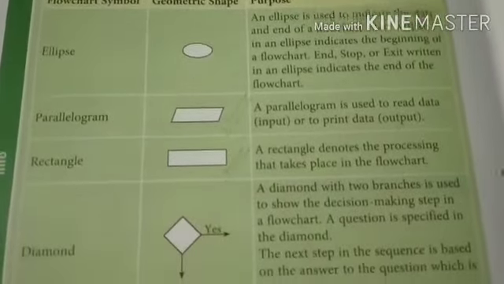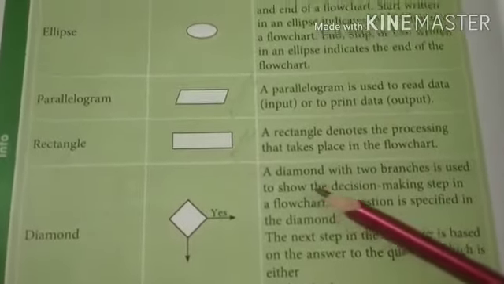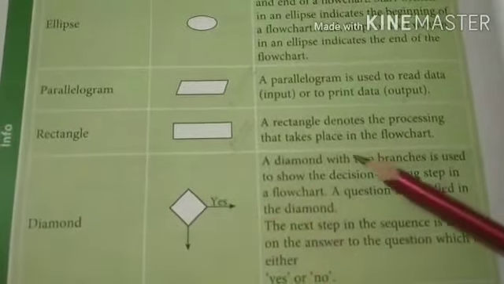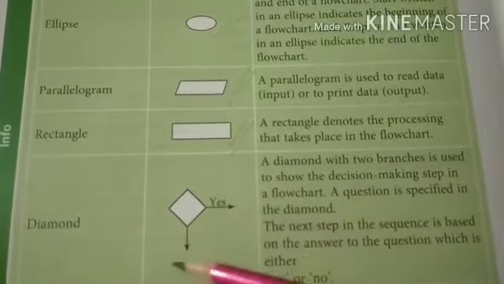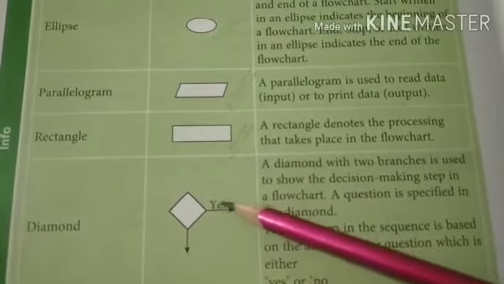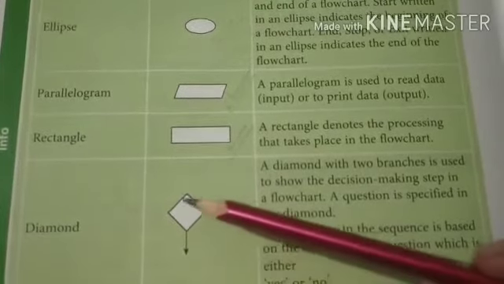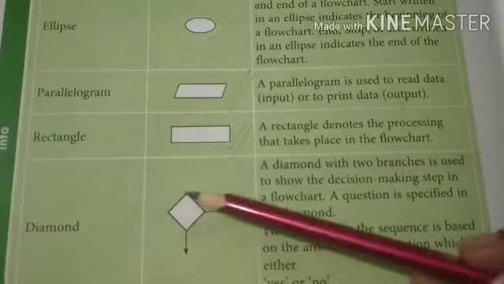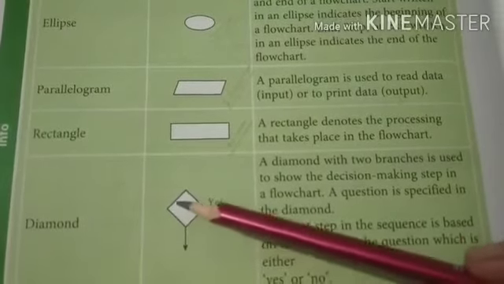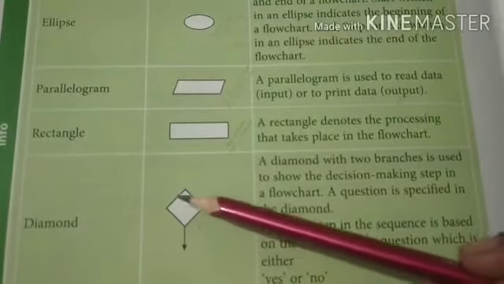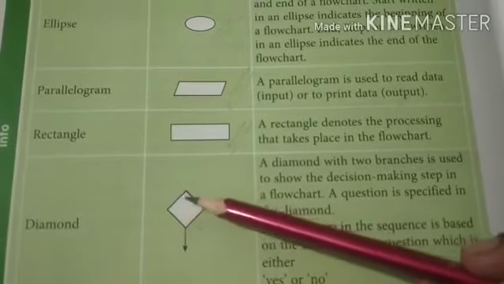Then the fourth one is the diamond. A diamond shape has two branches, you can see, one is yes and the other is no. So you can place this diamond box in case of any decision. If any question is being asked, you can put that question.